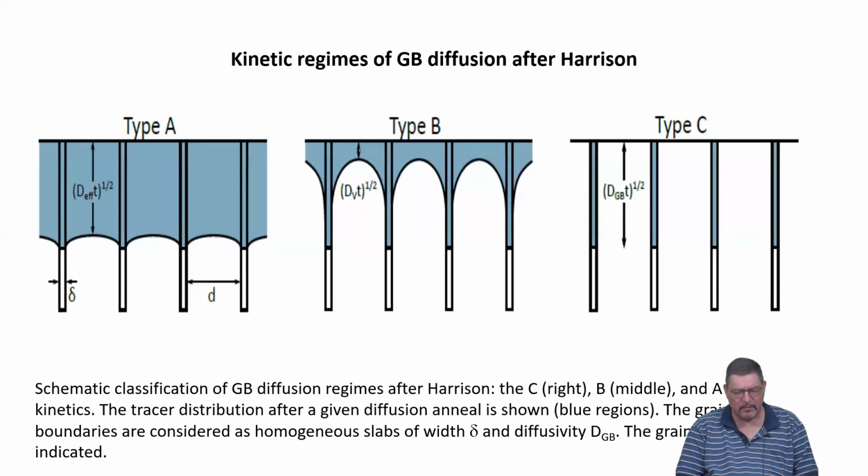So that means you have to take into account that in general there are these 3 regimes, A, B, and C type. And obviously this is most important for the B type, because in the C type you can basically assume there is no volume diffusion.